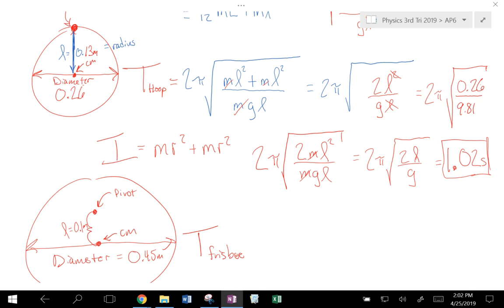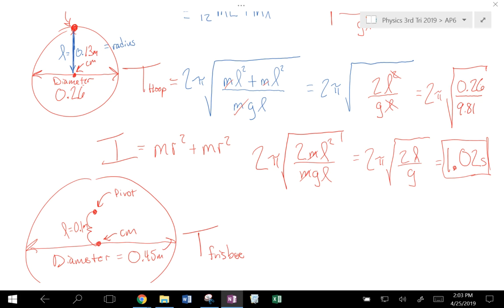Ballpark. So what's our geometry here? Is it a disc? It's a disc.